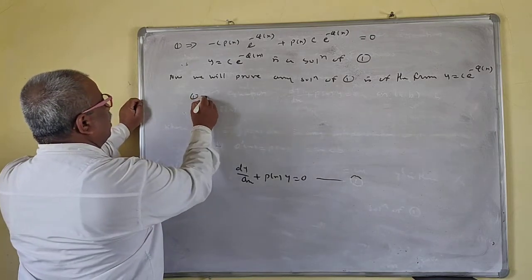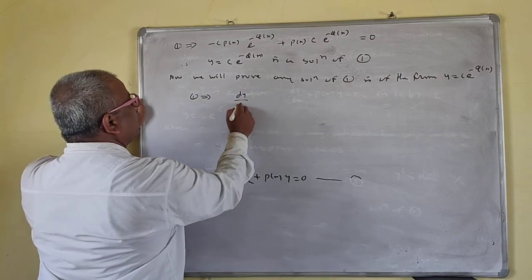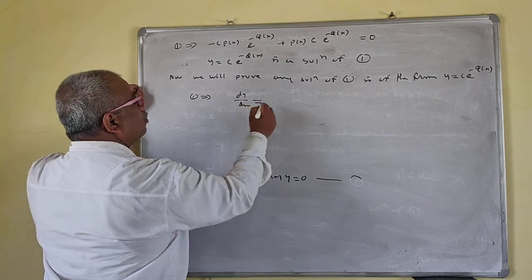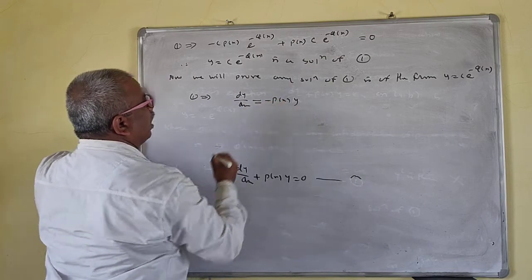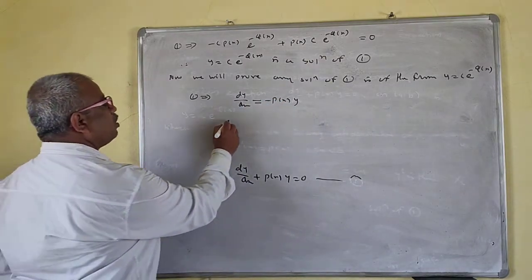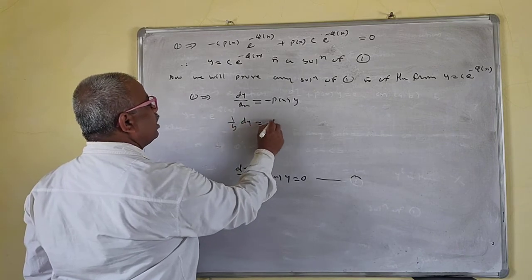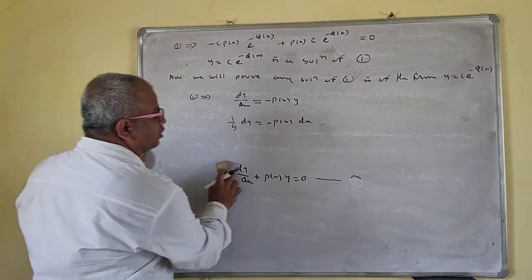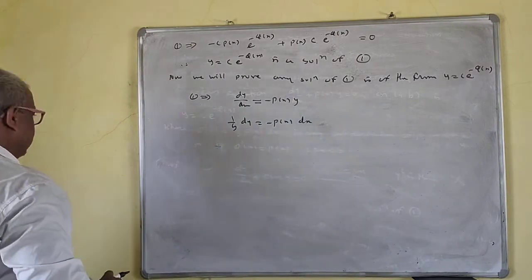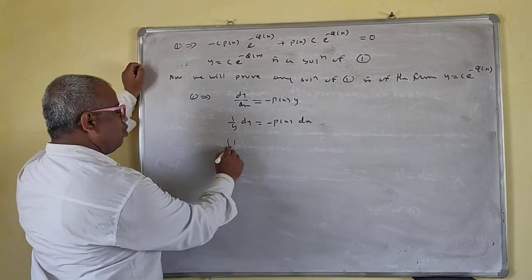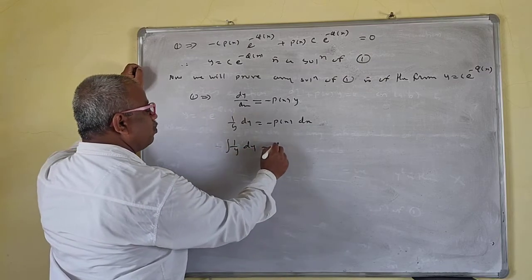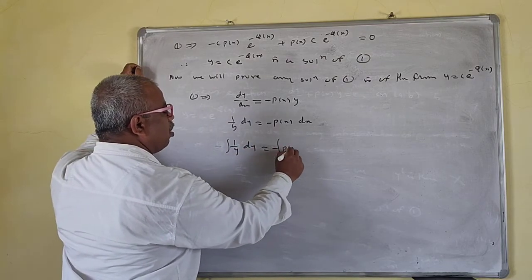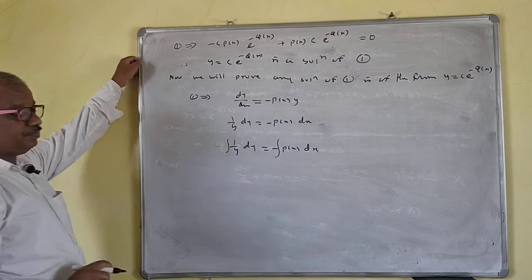From 1 implies that dy by dx is equal to minus p of x y. I can write this as 1 upon y dy is equal to minus p of x dx. I can integrate this: integration of 1 upon y dy is equal to minus integration of p of x dx.